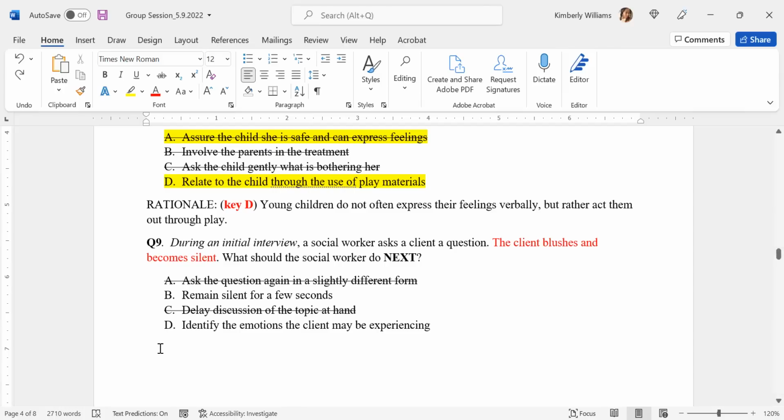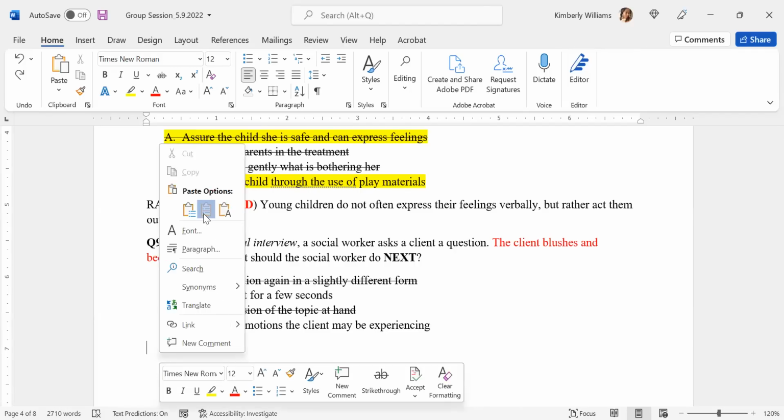Yeah, if I was taking a test, I automatically would have gone to B. But just doing this class, I probably would have jumped to D because it's doing something. But if I was reading the test, I would have jumped to B. What you mean it's doing something? Well, identifying her emotions is like doing something. Like, if she's crying, I'm identifying her emotions. Like, oh, okay, that's interesting dialogue.